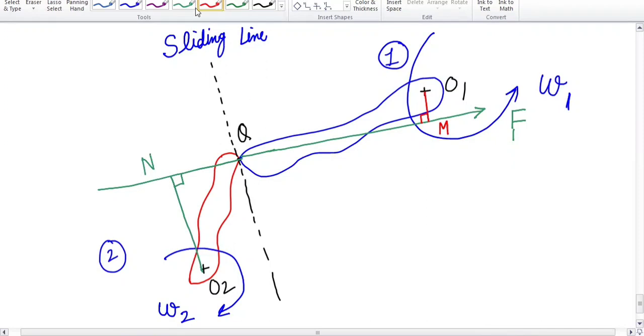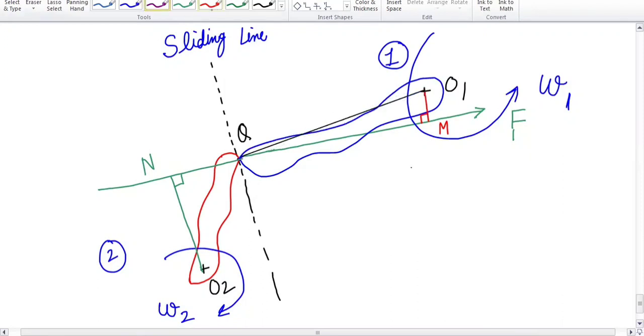So now what I am doing, actually, is joining the point Q to O1. Q to O1. Let me draw it with a straight line so that it looks like a triangle. So Q point is joined with O1.